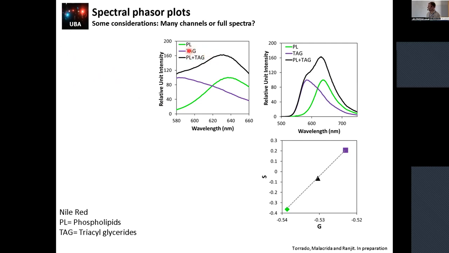So this is Nile Red in 2 different environments, triacylglycerol or phospholipids. You add the 2 spectra, you get this, and basically you can do the transformation. If you do the transformation, of course, you get everything on the line.